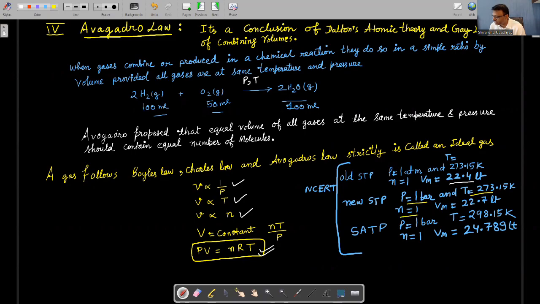If we calculate the volume of 1 mole of gas, which is known as molar volume, it is equal to 22.7 liters.